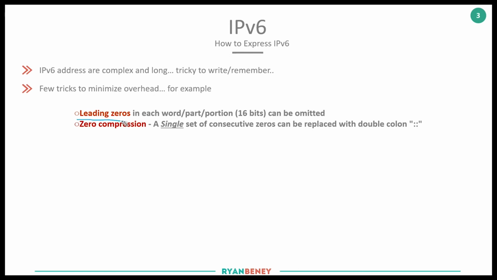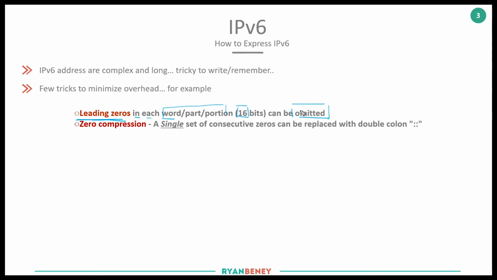So leading zeros. In each word, part, portion, whatever you want to call it, each 16 bits, a leading zero can be omitted. So what do I mean by that? Well, we've seen that between each colon there's got to be 4 characters, whether that's a B, or a C, or 1, 2, or 3.